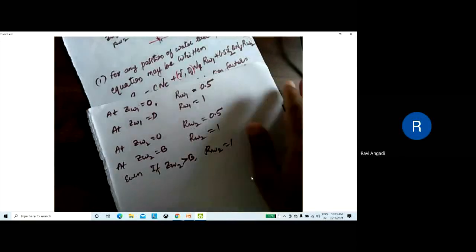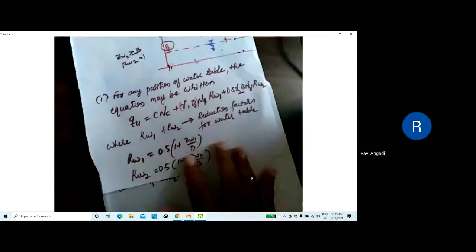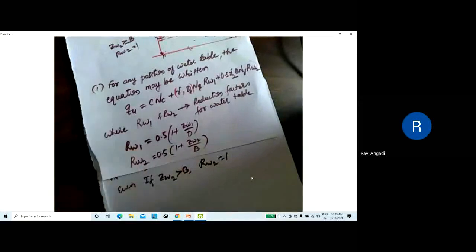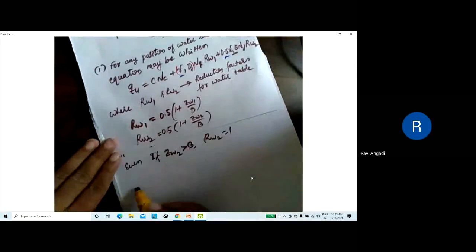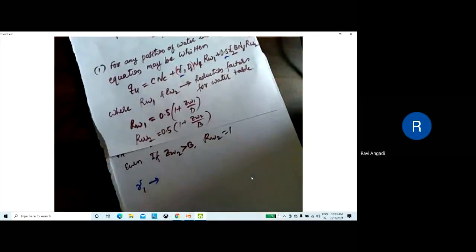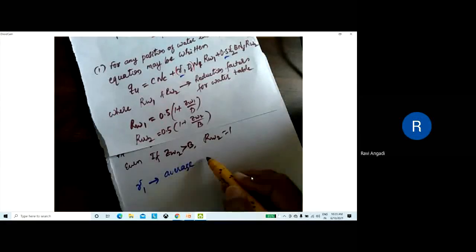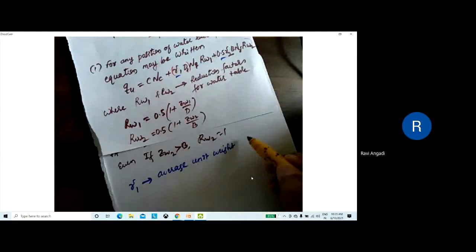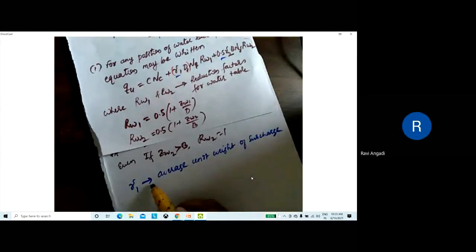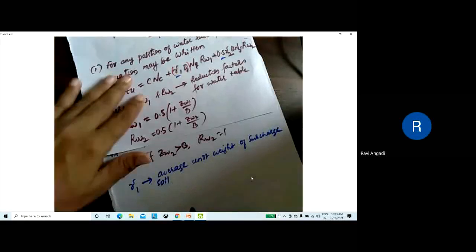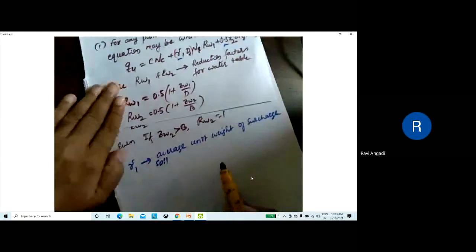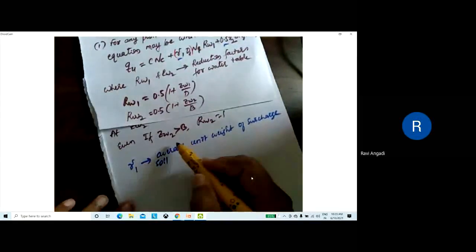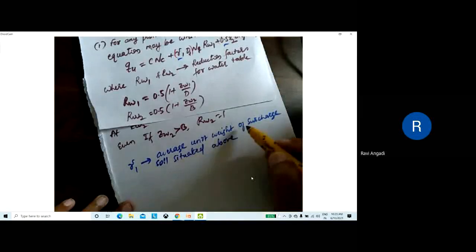And in the above equation, please note it down. Here I have taken gamma 1 and gamma 2. What are these? In the above equation, gamma 1 represents the average unit weight of surcharge soil situated above the water table.